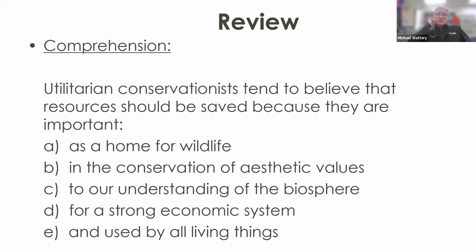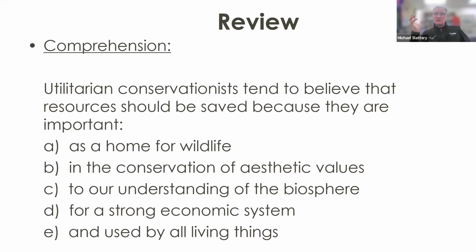There are comprehension type questions. Here's a comprehension type question to understand and comprehend what the concept is. The question would be, utilitarian conservationists tend to believe that resources should be saved because they're important: A, as a home for wildlife, B, in the conservation of aesthetic values, C, to our understanding of the biosphere, D, for a strong economic system, and E, to be used by all living things.